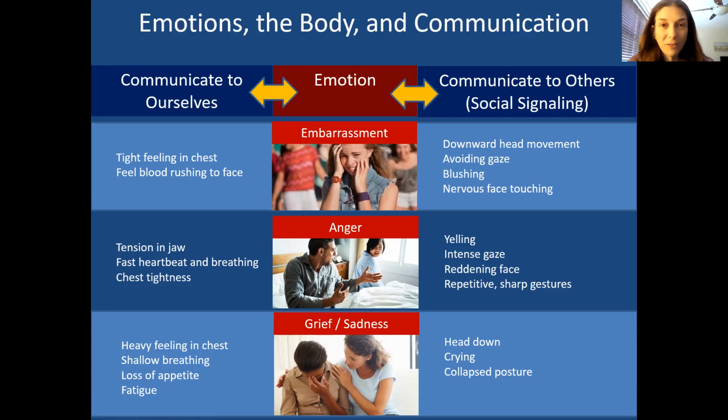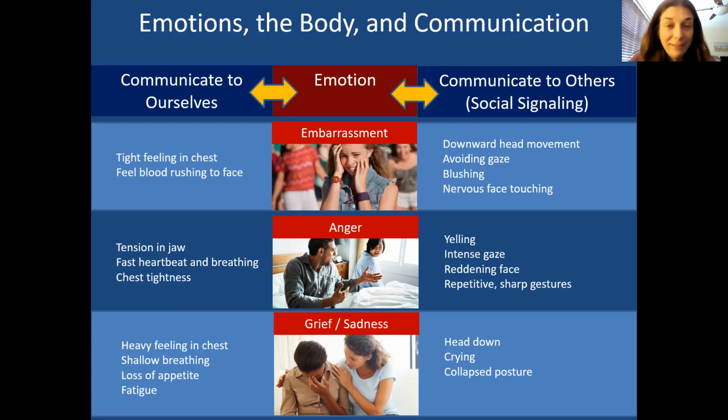When we look at social signaling, as we say in RODBT, other people will see in us things such as a downward head movement, touching my face, I might blush, I might avoid looking at somebody because I feel funny about it. Those body movements and gestures help give other people a physical clue that I'm feeling embarrassed. So the body and the emotions work together and they communicate to ourselves and other people.